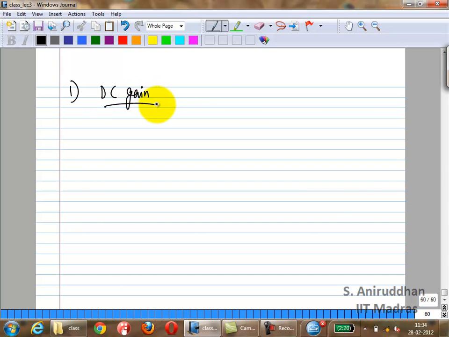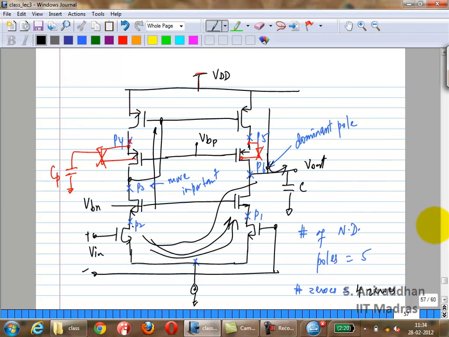Okay, so let's start writing down the parameters for this op-amp. What is the DC gain of the op-amp? Okay, so let me start numbering this. What numbers have I used here? 4, 5, 6, 7 and 8.